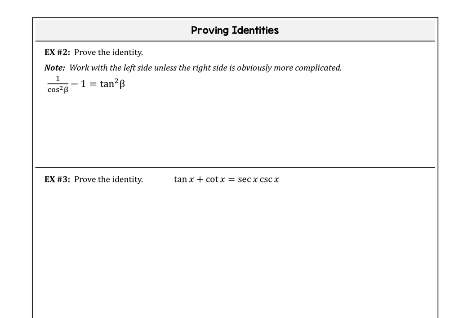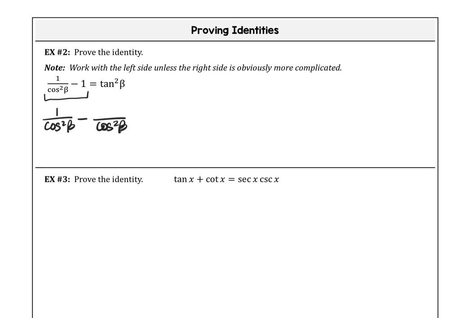Now notice on example 2, we're actually using a trig one. We have to work with the left side, because it's obviously more complicated here. On this one, the first thing I'm noticing is that I have two terms, so I am going to find a common denominator, which is going to be cosine squared, so I can add that together.